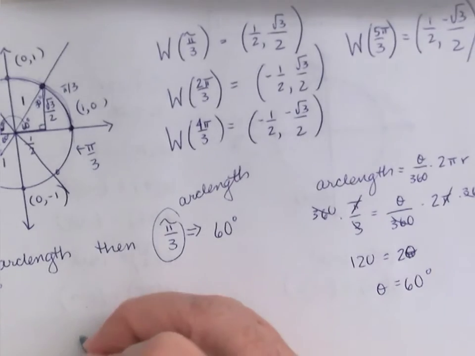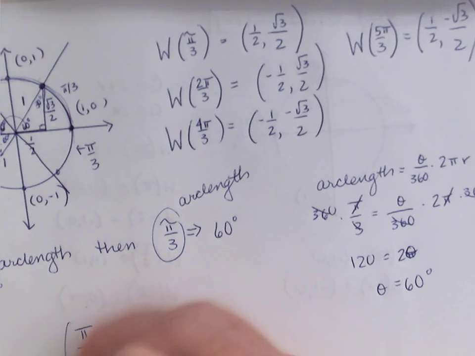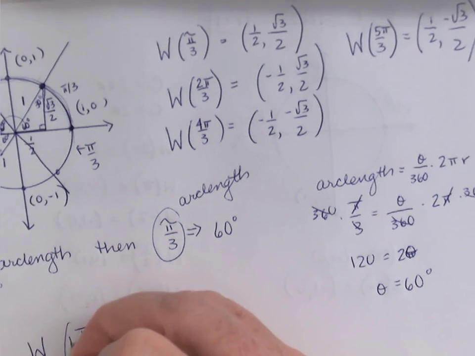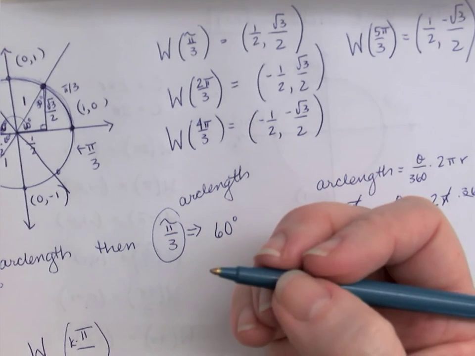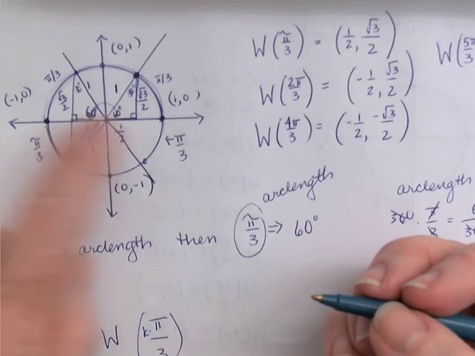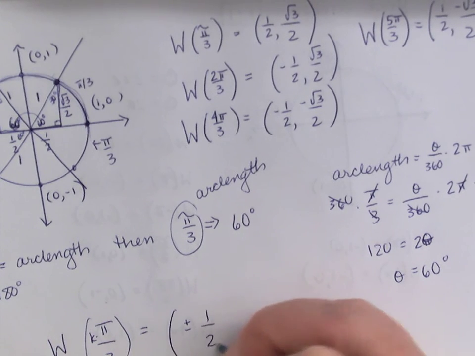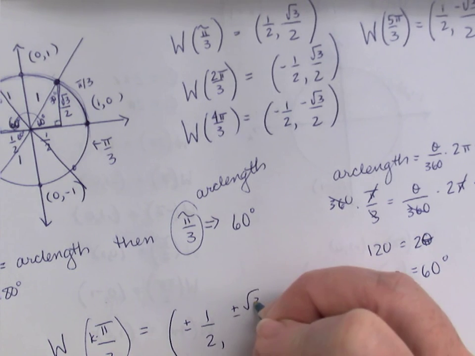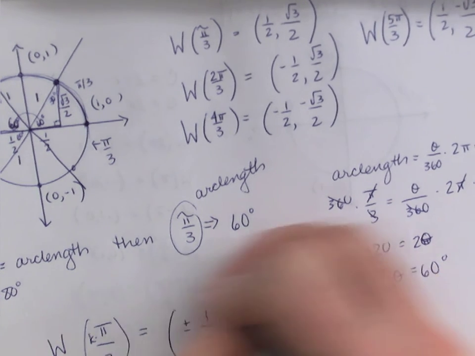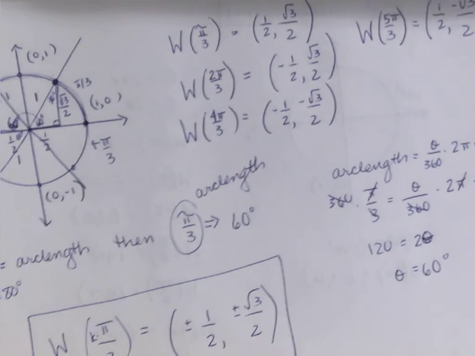So in short, anytime you have a multiple of pi over 3 that is not going to reduce to 3 pi over 3 or 6 pi over 3, you know that we're somehow going to have some combination of 1/2 and root 3 over 2. And this fact you need to memorize.